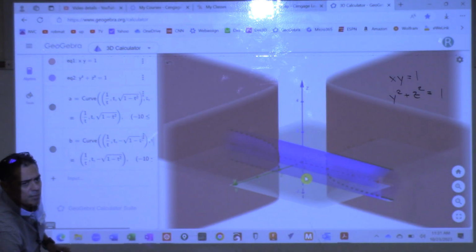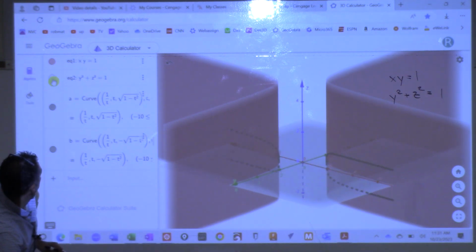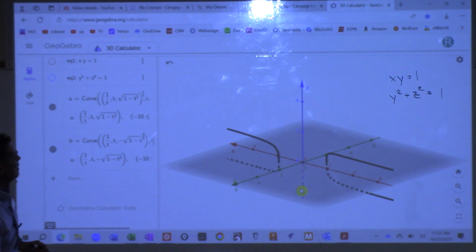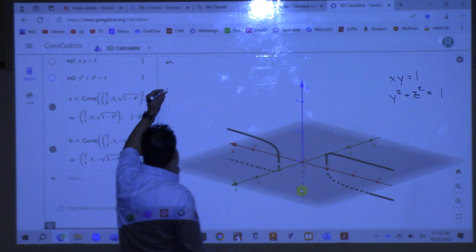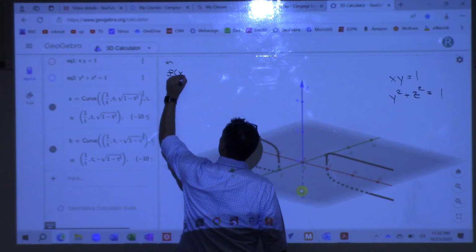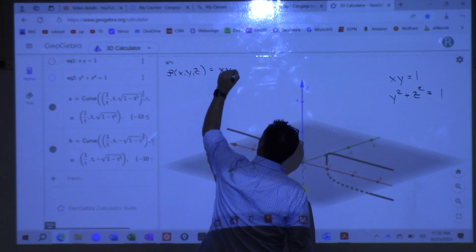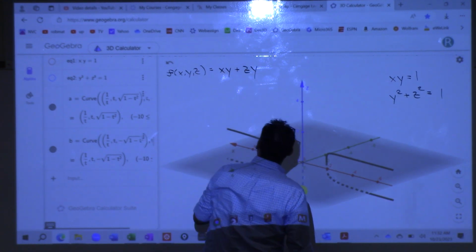You see those? So what we're doing is we're saying, all right, if you were to take that function, where was the function? I erased it. F of x, y, z. The function that they gave us was, I think it was xy plus zy or something like that.